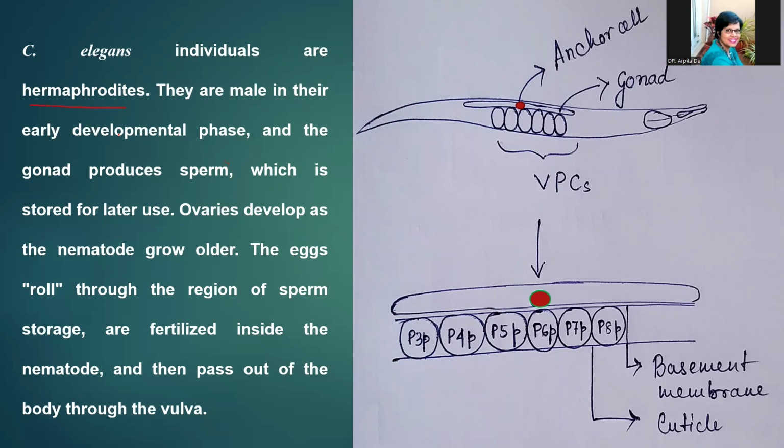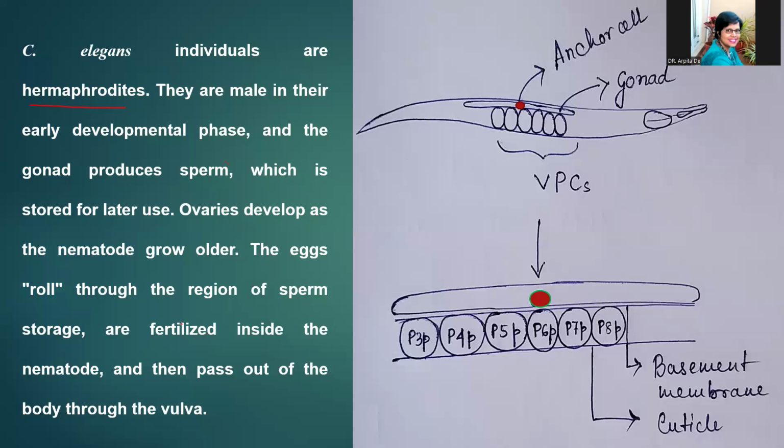They are male in their early developmental phase, and the gonad produces sperm, which is stored for later use. Ovaries develop as the nematode grows older, and the eggs roll through the region of sperm storage. They are then fertilized inside the nematode, and then they pass out of the body through the vulva.